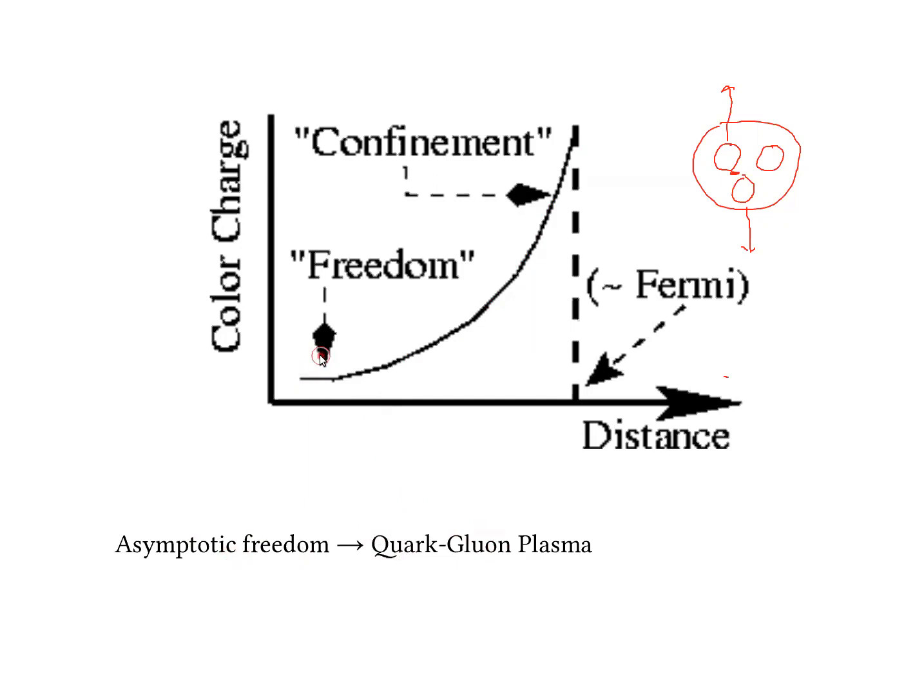That state is the quark gluon plasma state, which we call the fourth state of matter, and it is assumed that this state of matter existed just after the Big Bang, during the evolution of the universe.